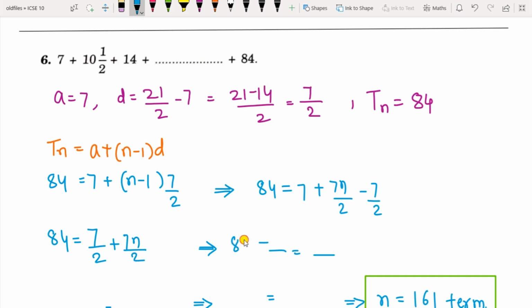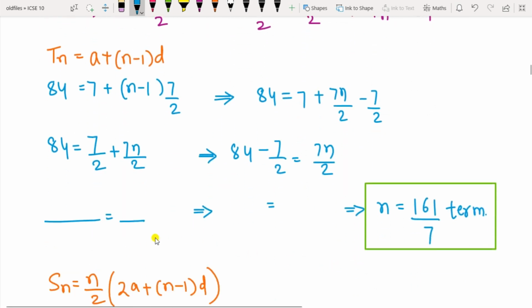Now this will be 84 minus 7 by 2 equal to 7n by 2. Now take the LCM. So this will be 168 minus 7 by 2 equal to 7n by 2. So 168 minus 7 is 161 equal to 7n. 2 will be cancelled. Therefore n will be equal to 161 by 7 terms.